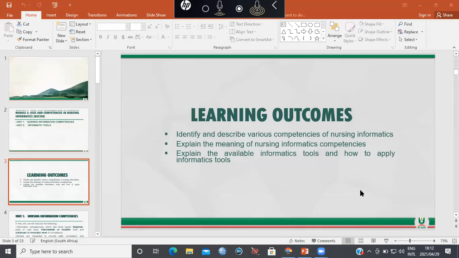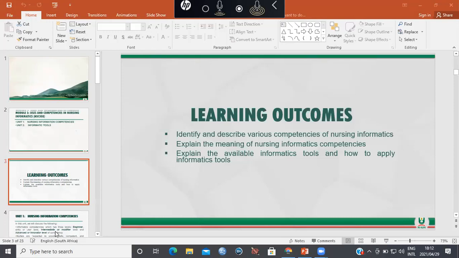So far, those are the 3 learning goals. At the end of the facilitation today, students should be able to explain and identify all these learning goals.